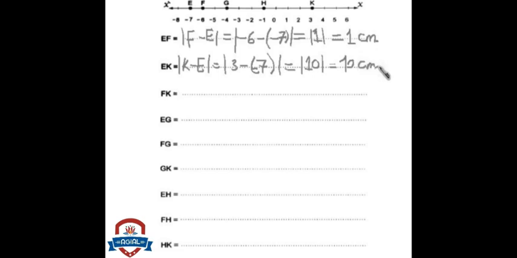Now try to find the distance between F and K. To find the distance, we need to find the length of line segment FK. The length of line segment FK equals the absolute value of K minus F. K equals 3 and F equals -6.